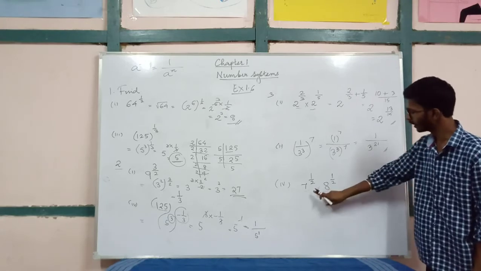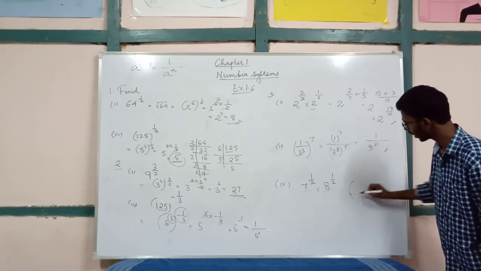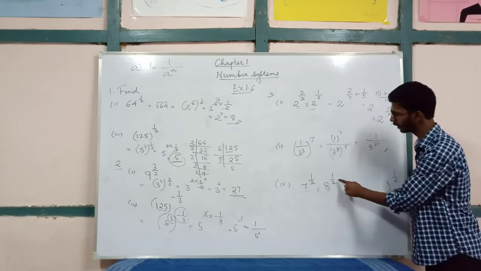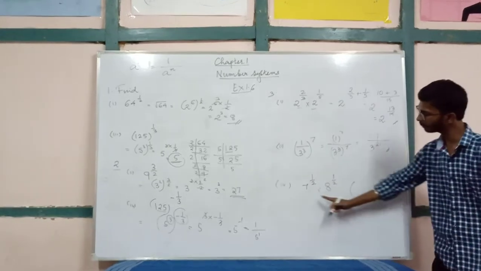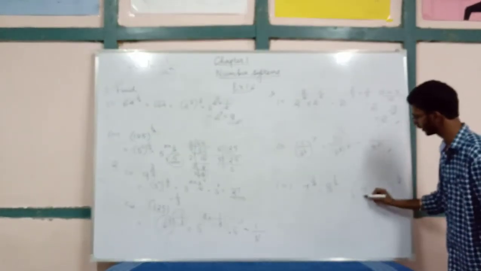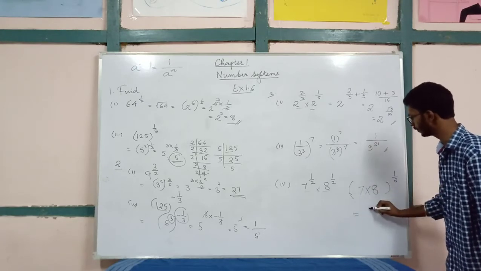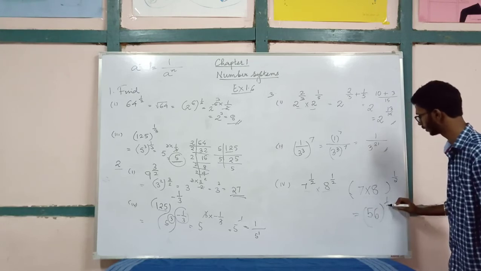So when the powers are same, we can take a common power. What is our common power here? 1 by 2. So we can take the common 1 by 2 and then multiply both the bases, that is 7 into 8. So 7 and 8 will give us 56 to the power half.